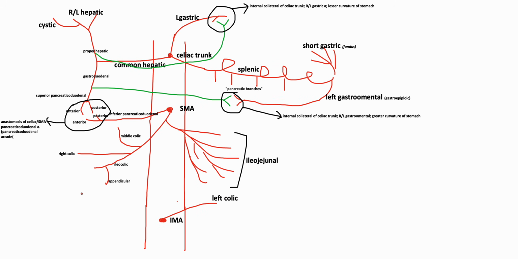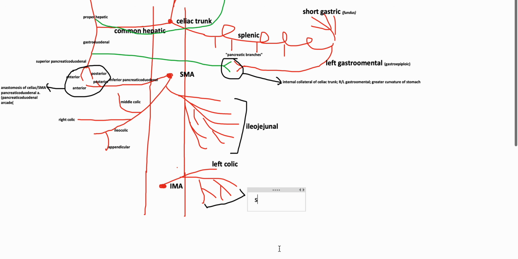The IMA will also give off sigmoidal arteries, so I'm going to draw them similar to how I drew the ileojejunals. So a bunch of arteries over here that are all going to parts of the sigmoid colon. And we will call these sigmoidal.